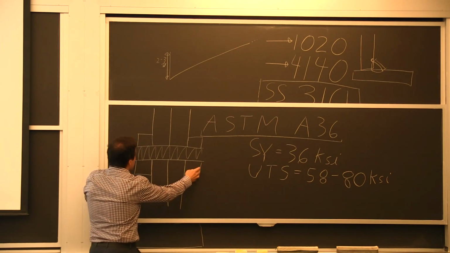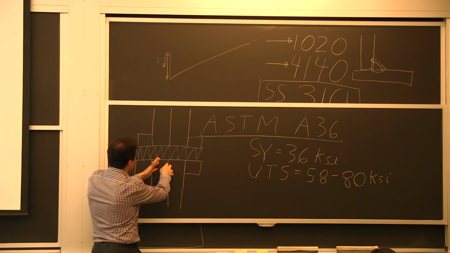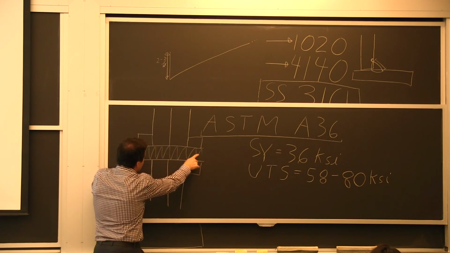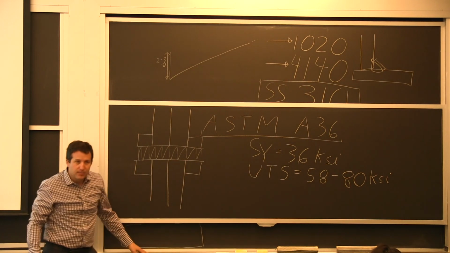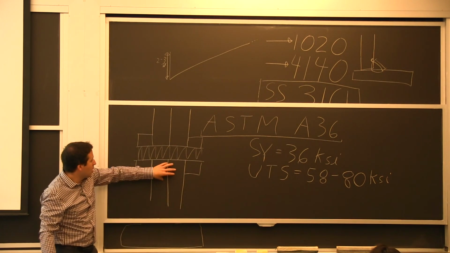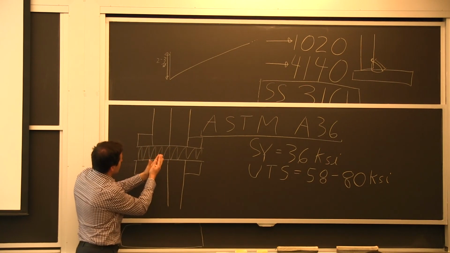So what you do is you tighten it up, and when it's a whole assembly, it's a little bit like a compliant spring and a much softer spring, a harder spring. The hard spring is this flange against the other flange.